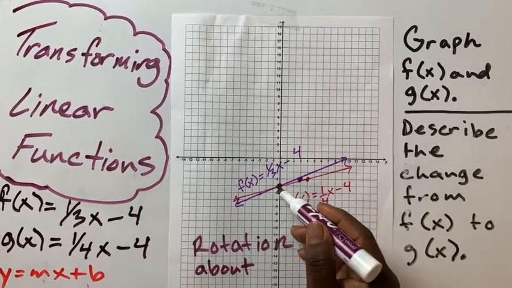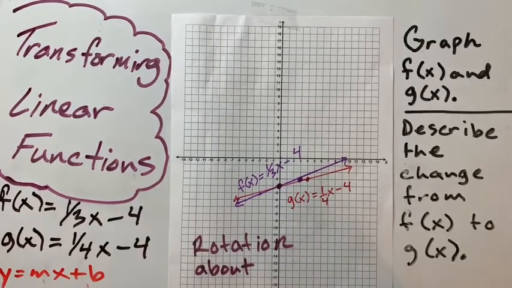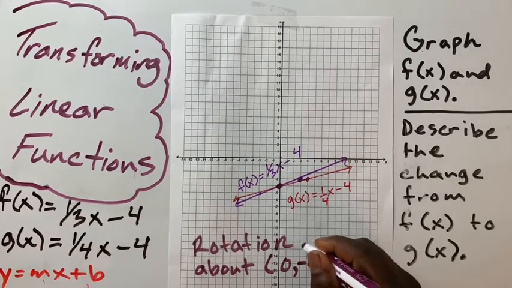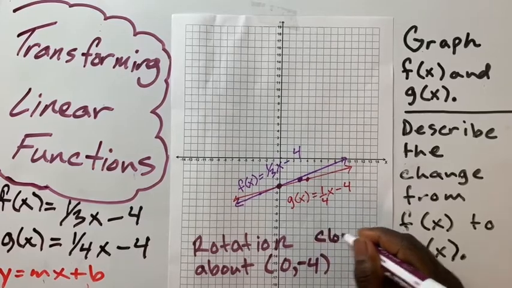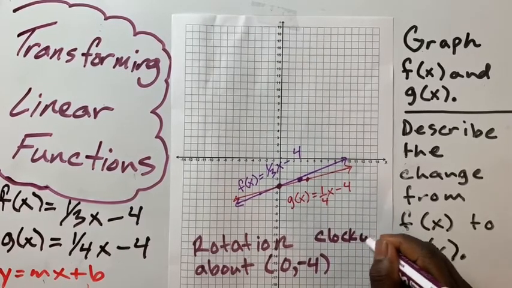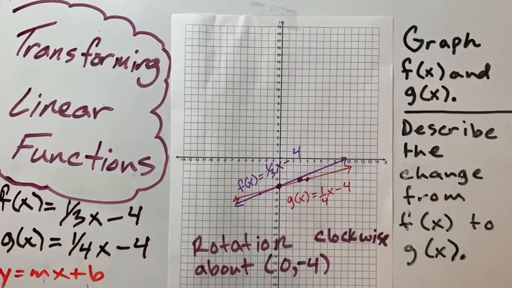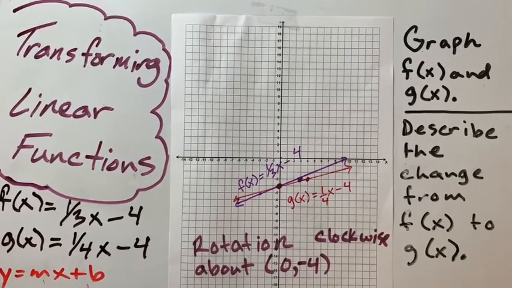We're rotating it about this point right here, which is (0, -4). So we're rotating the purple line, f of x, right? And I'm going to say rotation clockwise about (0, -4). And there you have it. We have successfully transformed the linear function f of x to g of x.